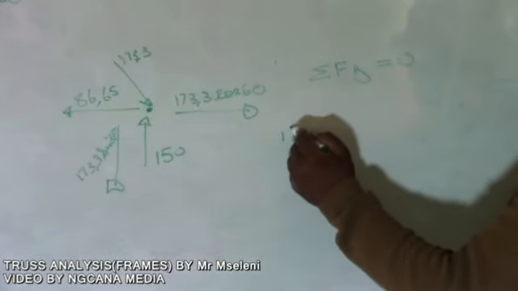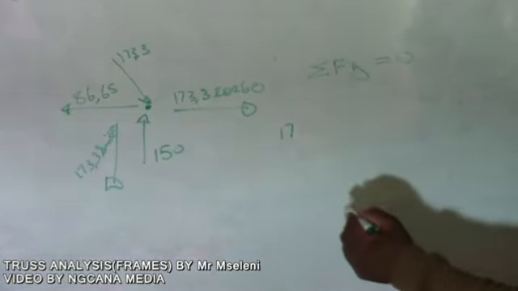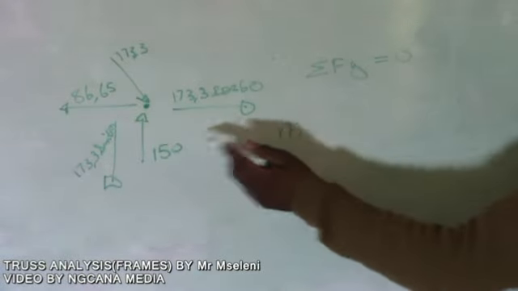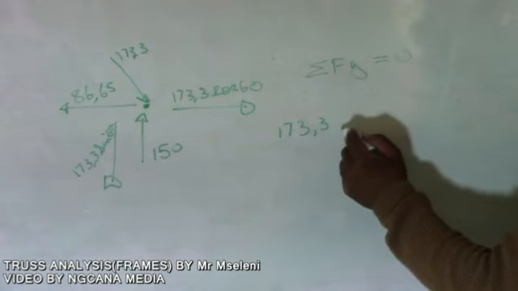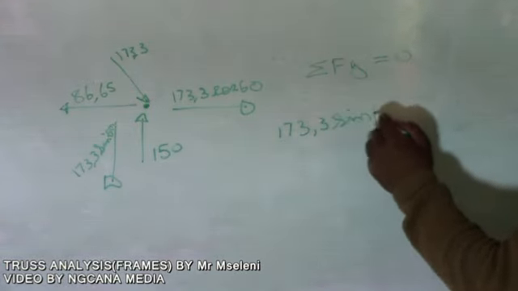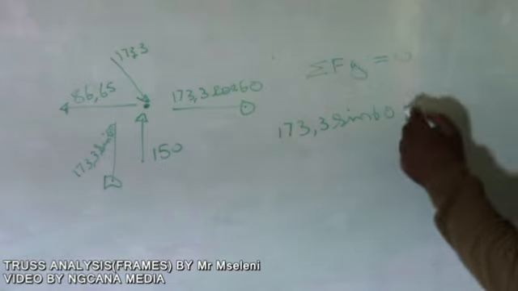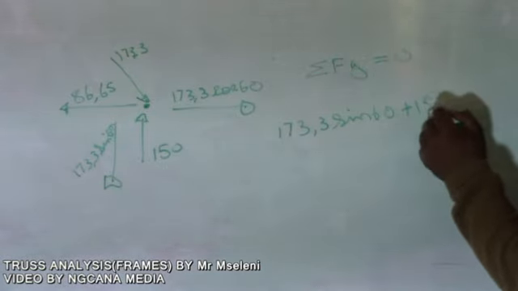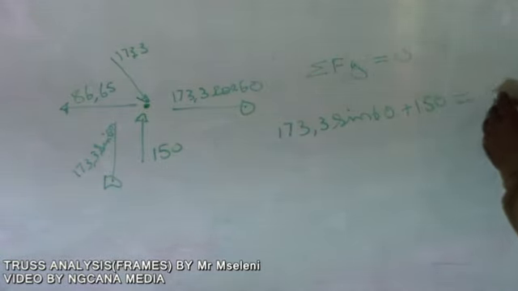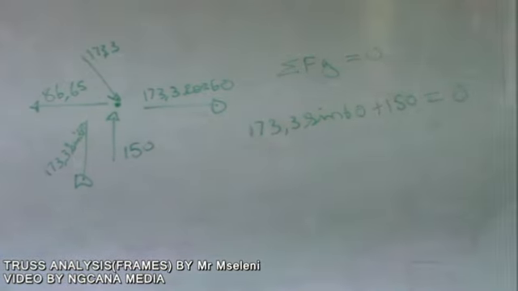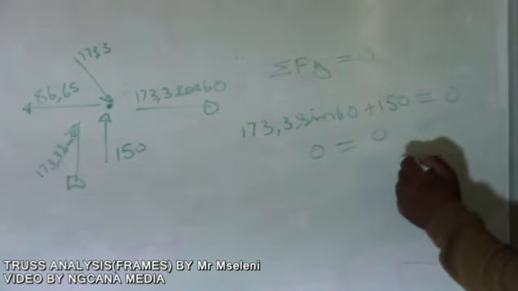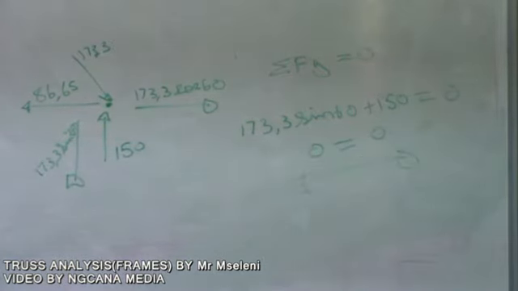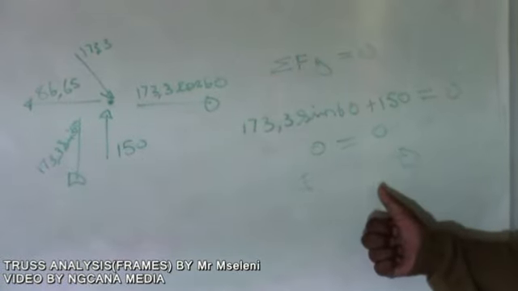Our 173.3 sin 60 is going down, and then we've got 150 going up, plus 150, which equals 0. If you punch that in the calculator, it gives you 0 equals 0, which simply proves that all the members we calculated come into equilibrium.